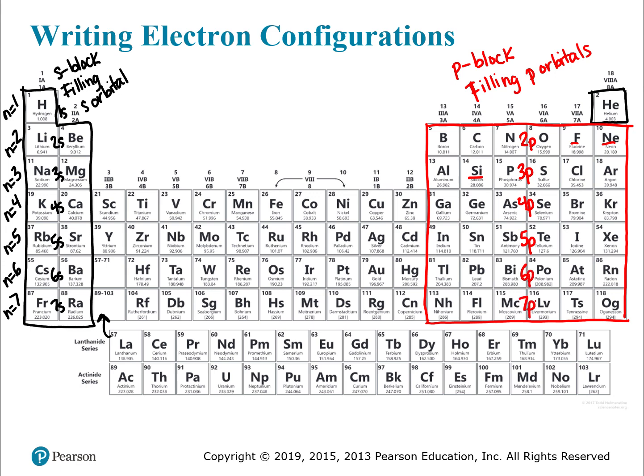So that's the P block. The next thing that fills is all of these transition elements. This is the D block.